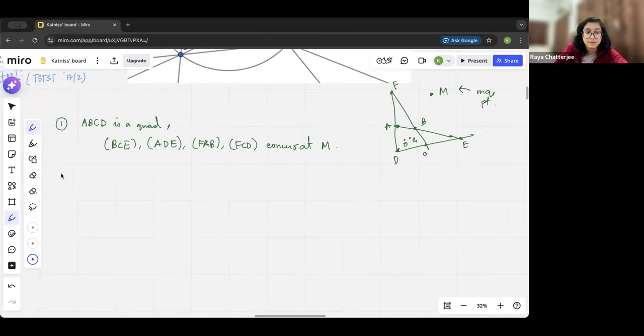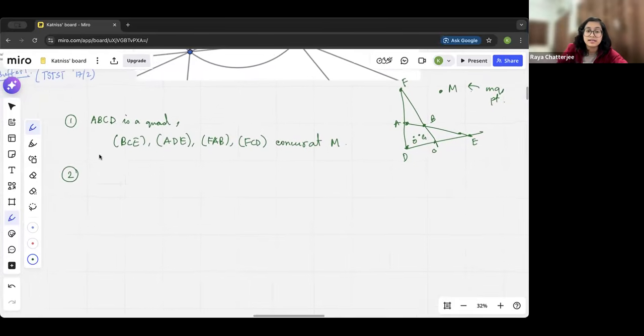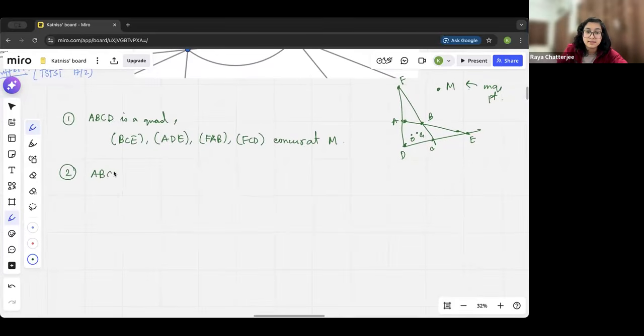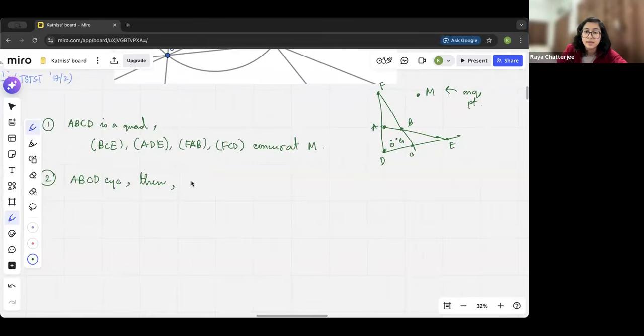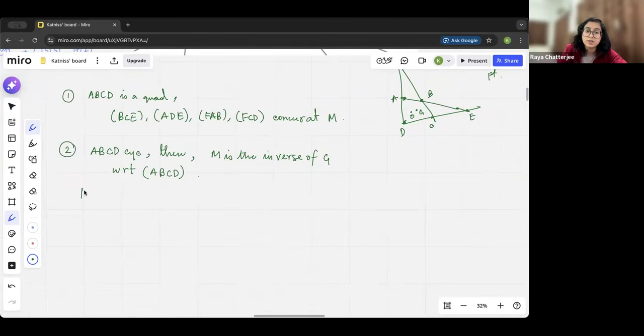The second thing is that if you have a cyclic quadrilateral ABCD, then M is the inverse of G with respect to the circumcircle of ABCD. In order to prove this, you can do a phantom point argument.